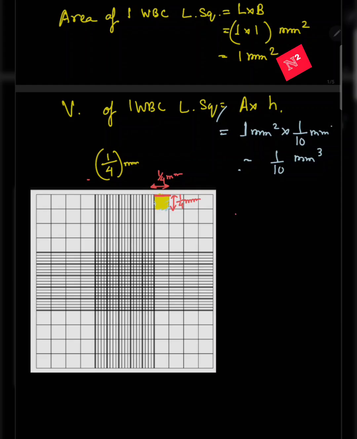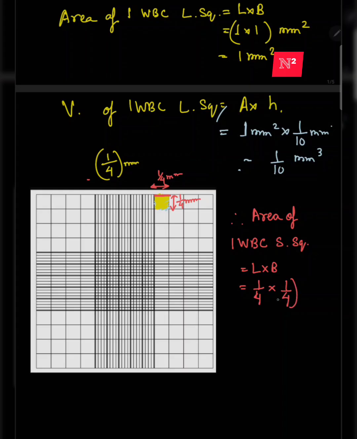Therefore the area of 1 WBC small square is length times breadth. Length is 1 by 4, breadth is 1 by 4, and we get the unit in square. So we have an area of 1 by 16 millimeter square.